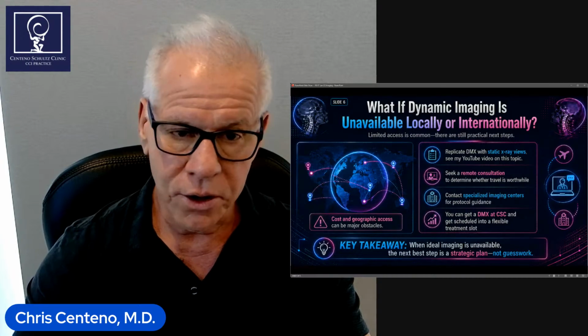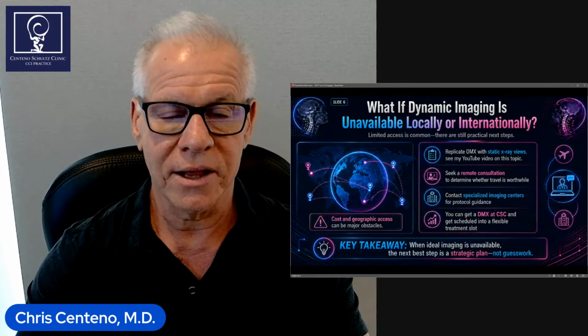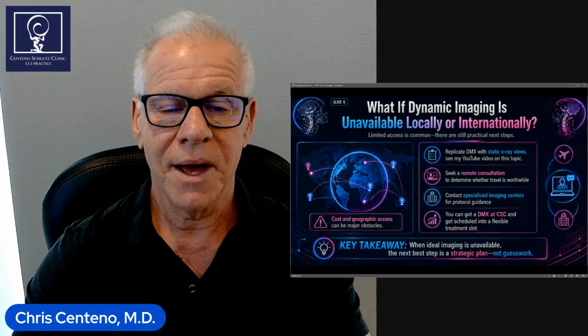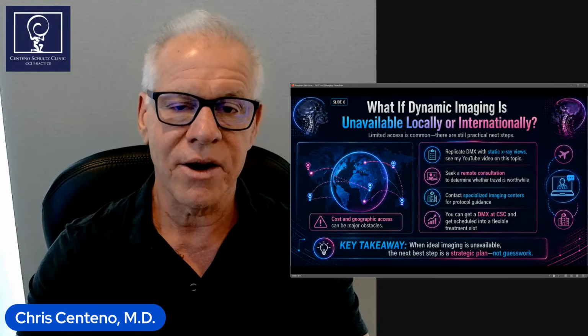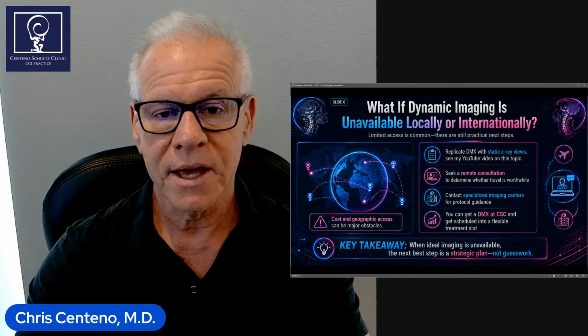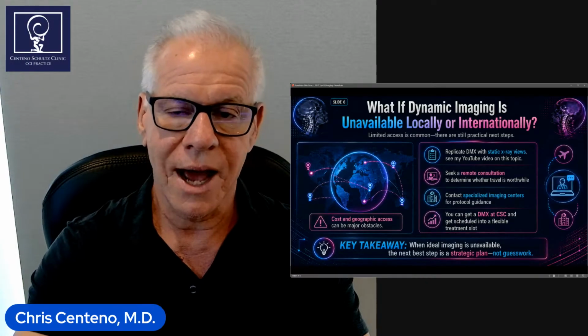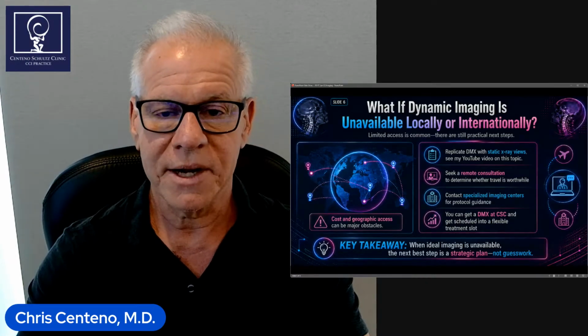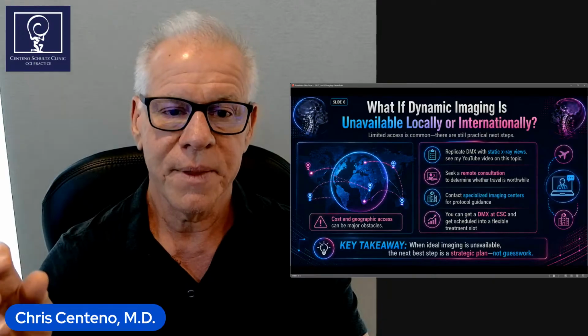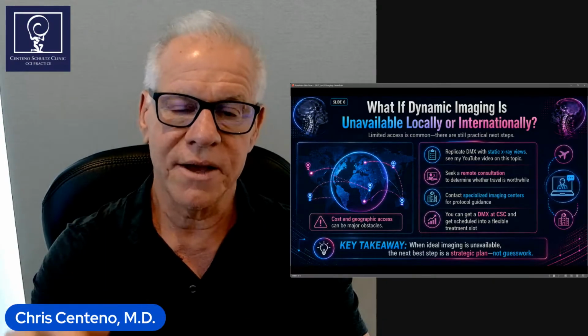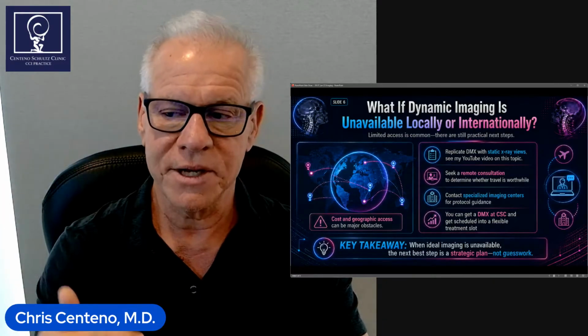I've got a whole video, if you go to my YouTube channel and look that up. And I think the key to finding it there, because I've got like 1,000 videos or something, is type in DDR. DDR is a type of dynamic X-ray, dynamic digital radiography. But type in DDR if you want to find that particular video.